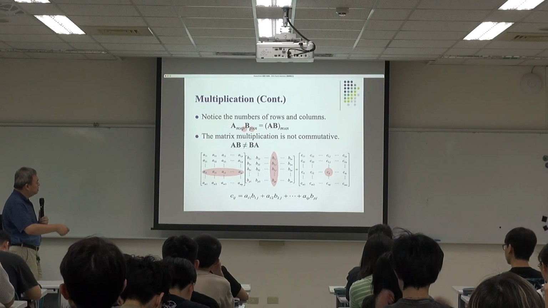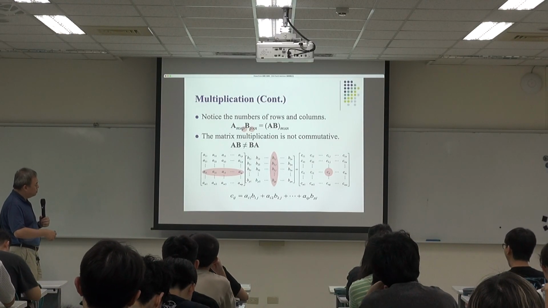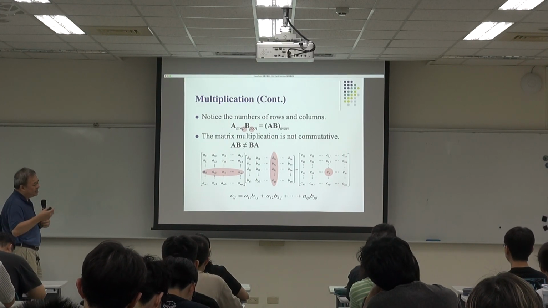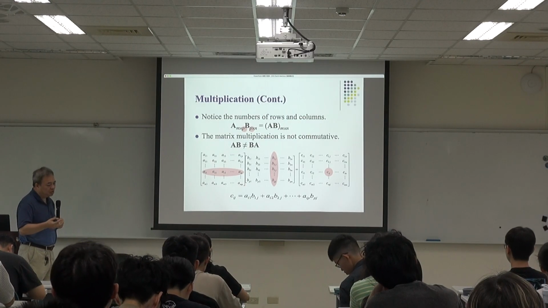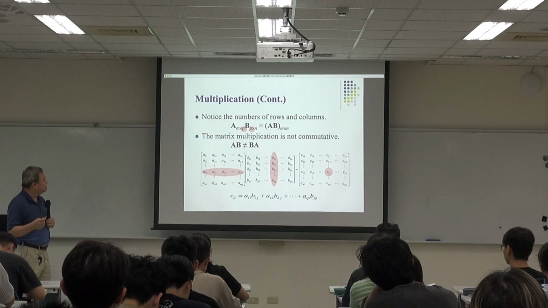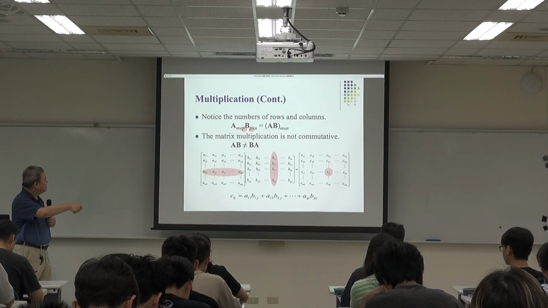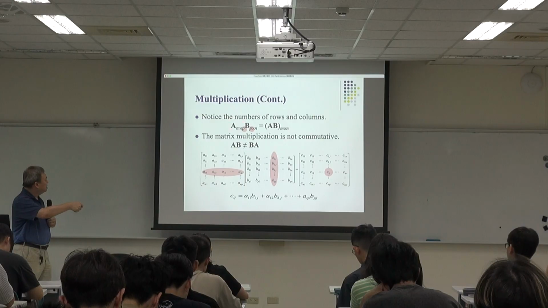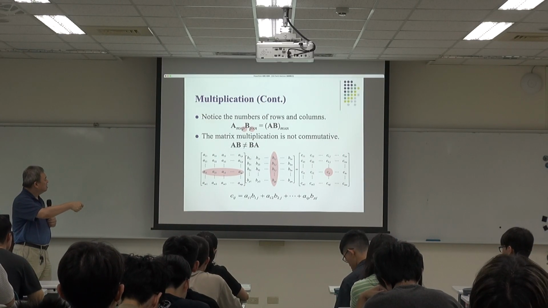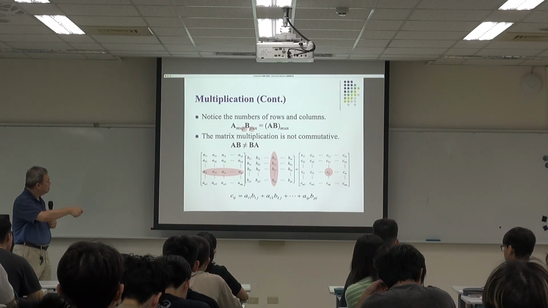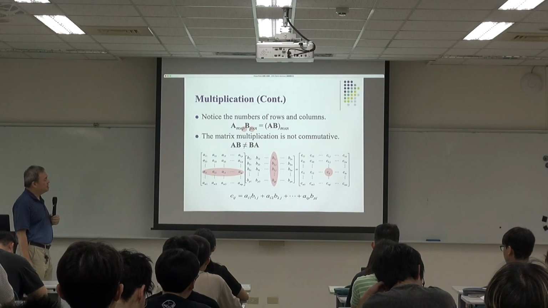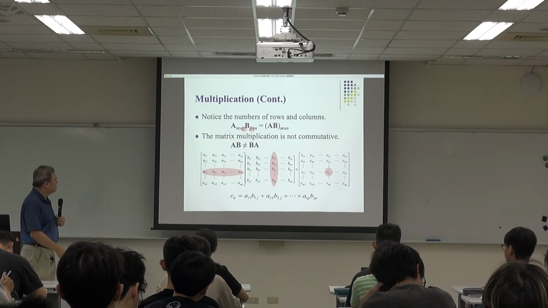Not only that, if you can multiply A and B, sometimes if you switch the order you cannot even do the multiplication because the size is not right. Remember, the number of columns of the first matrix has to match the number of rows of the second matrix, so if you switch the order, the n is not necessarily the same as the other n.